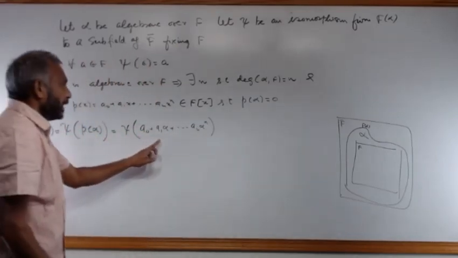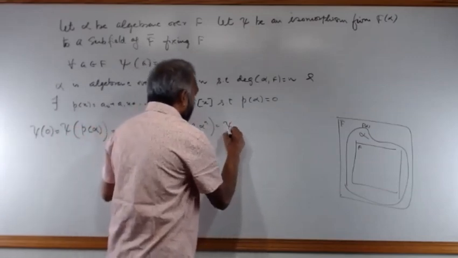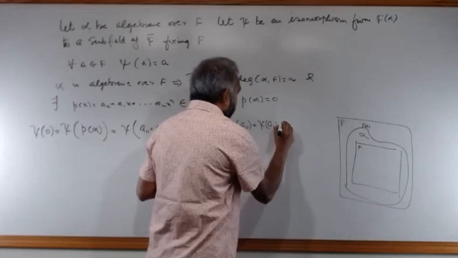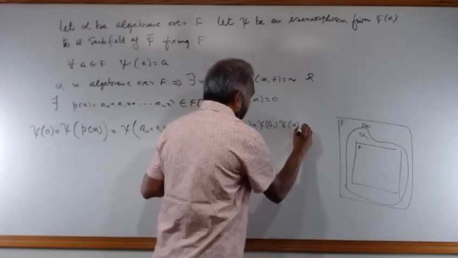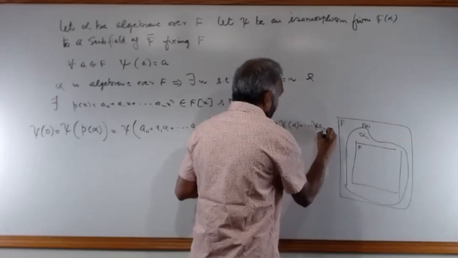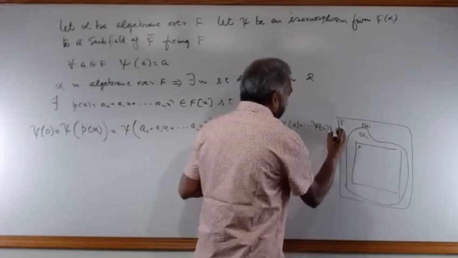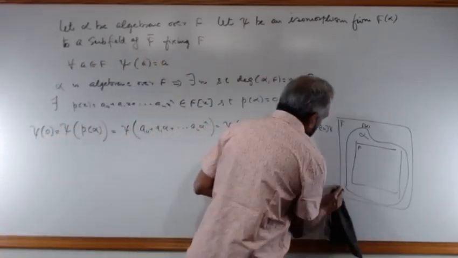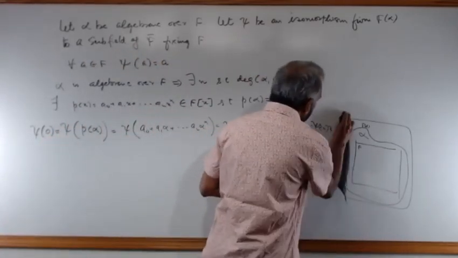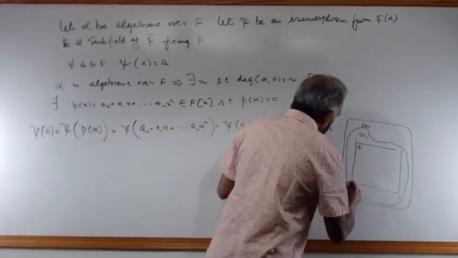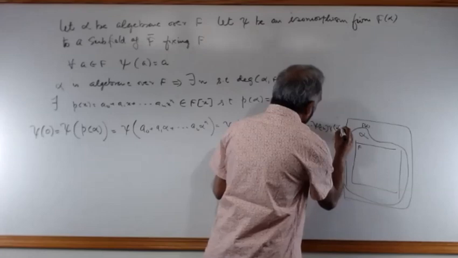And because this is an isomorphism, we can write it as psi of a0 plus psi of a1 times psi of alpha plus dash dash psi of an times psi of alpha to the power of n.